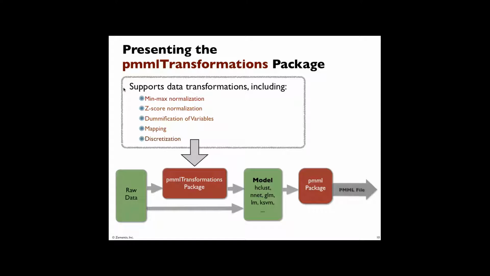And by any way, for now, in the first version, you can do things like, as indicated, min-max, which is really a linear transformation, z-score normalization, discretization, mapping, dummification, things like that, and then read that transformed data into your model and use those, and then output the PMML version of the model, which will now include this transformation information.